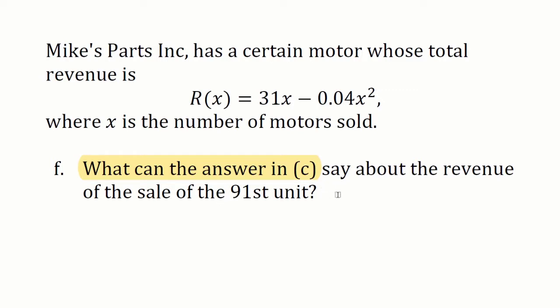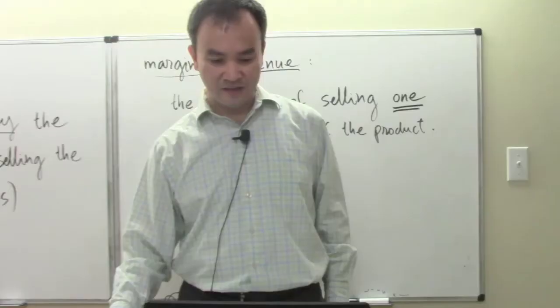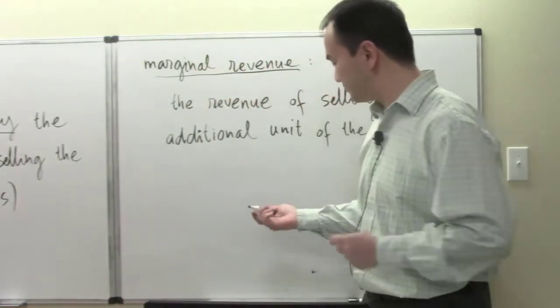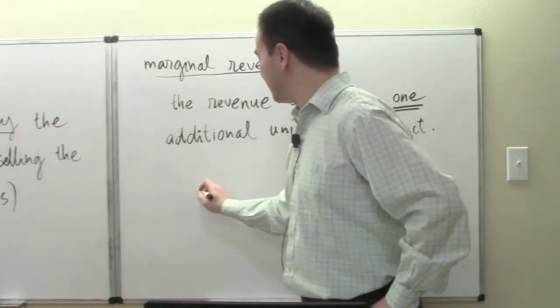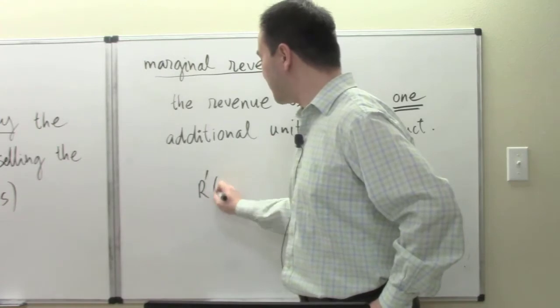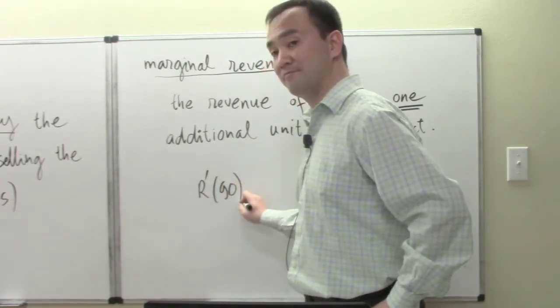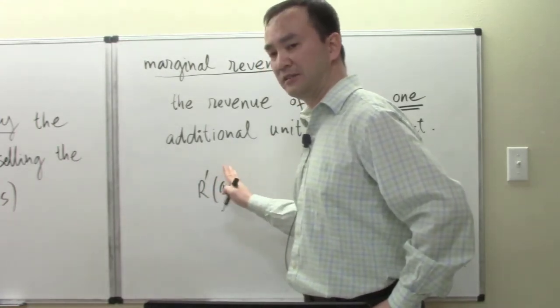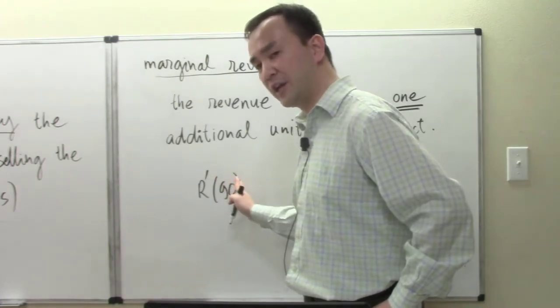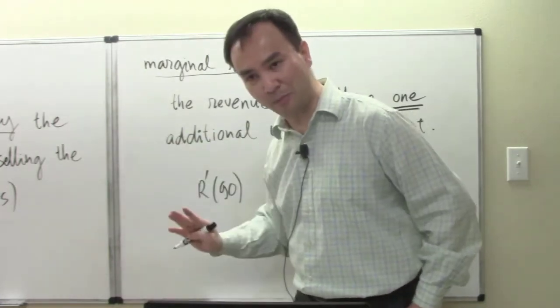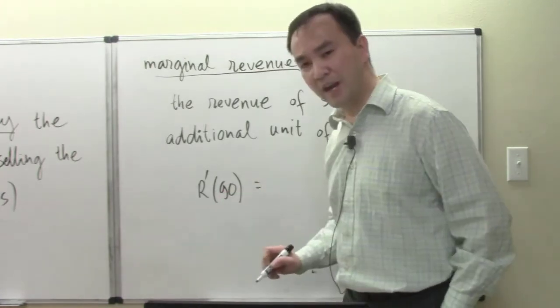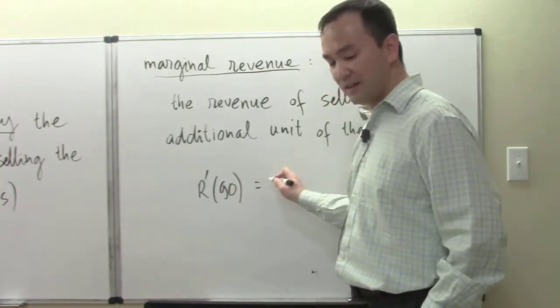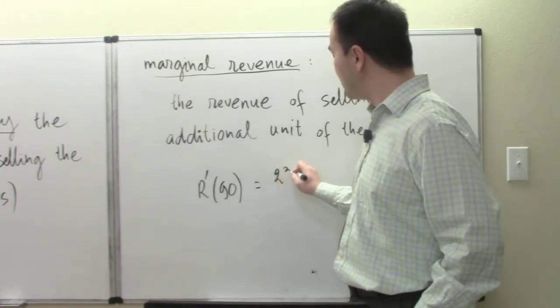Let's look back at what we found for part C. The answer in part C was R prime at 90. Feel free to pause the video or rewind back to that point. I can also quickly remind anyone, R prime at 90 was 23.8.